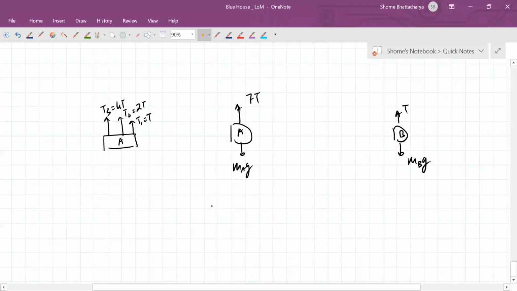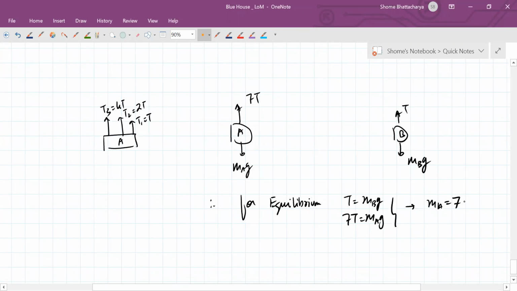So therefore, you can also see that for equilibrium, this is the condition for equilibrium.